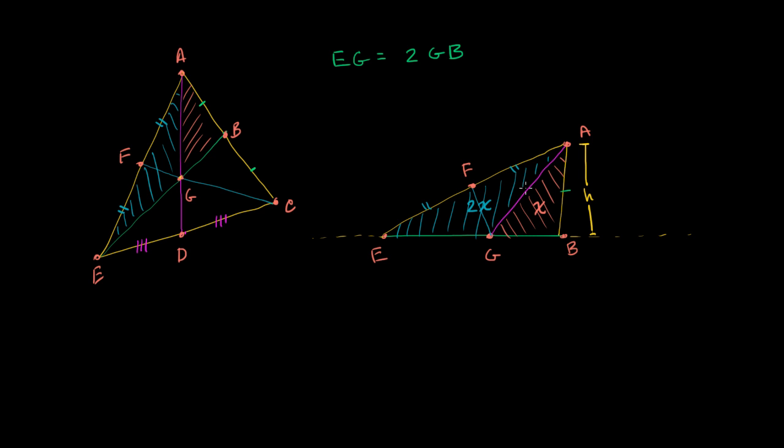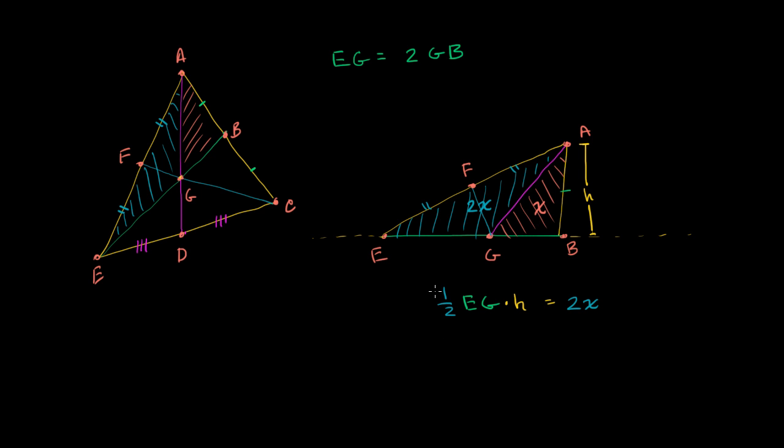So if you look at this blue triangle right over here, we know that 1/2 times base times height is equal to area. The base is EG. So 1/2 EG times this yellow height is going to be equal to 2x.